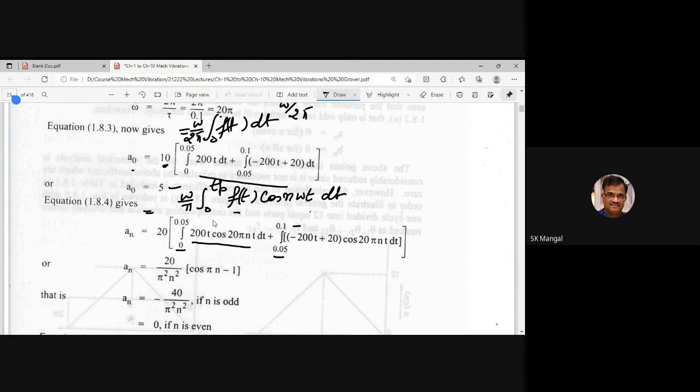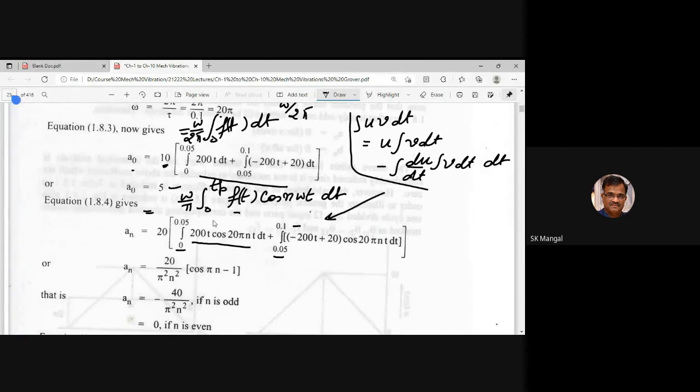You can solve this equation by integration by parts, and I can read the formula here, that is, the integration of uv dt is equal to u times the integration of v, plus minus the differentiation of u and integration of v, and then whole integration. So you can use this formula here to find the value of this integration, and you will be getting a n is equal to this value.